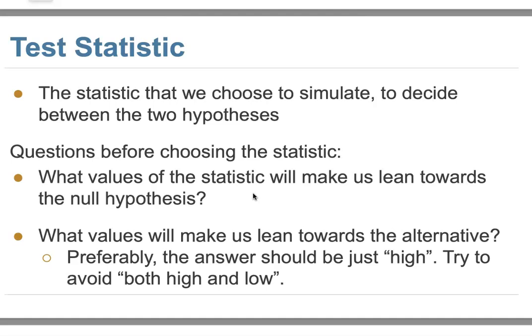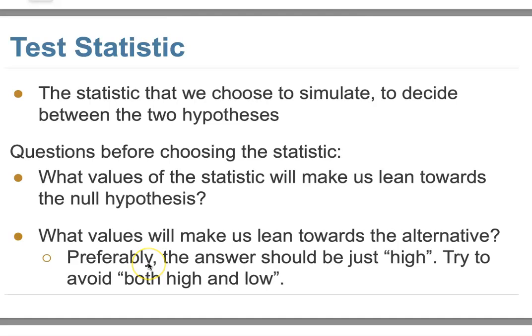We need to make sure of that when we find the statistic by simulating the model. This value can also be compared with our observed data. After we simulate, when we want to decide whether we lean toward the null or the alternative hypothesis, we need to see the observed data and what value will make the decision.